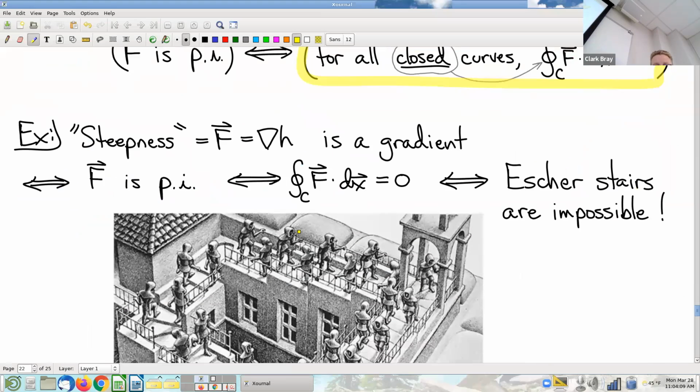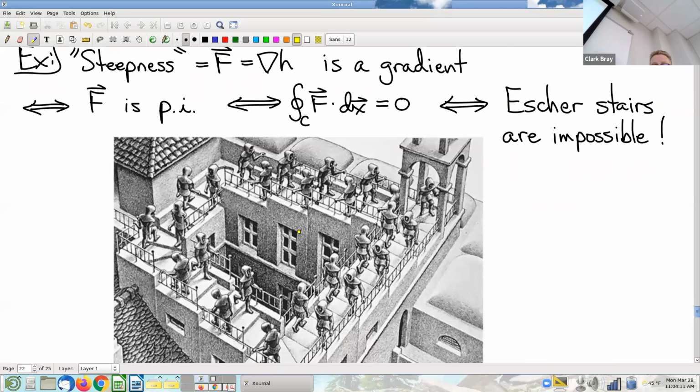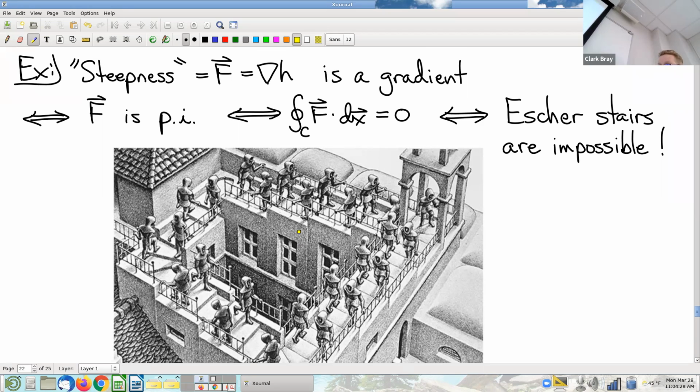So one point of view you can take on that is it explains why Escher stairs are nonsense. I don't know if y'all are familiar. Probably y'all have seen MC Escher's art before, and he did a lot of art illusions, basically. If you look at the picture here and you keep track of a particular line of people, so this guy here, he's clearly going upstairs.